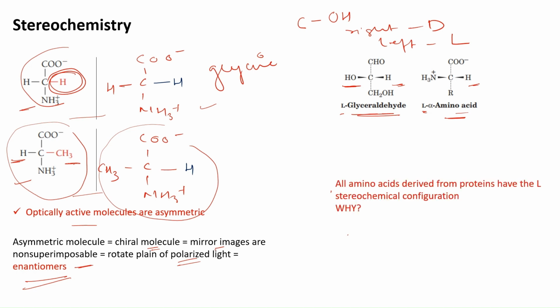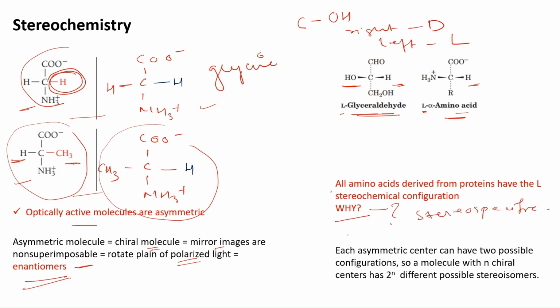Now, all amino acids derived from protein have L stereochemical configuration. Why so? It is because the active sites of enzymes are asymmetric, due to which the reactions they catalyze are stereospecific. So all the amino acids derived from protein are L stereoisomers because of the enzymes.